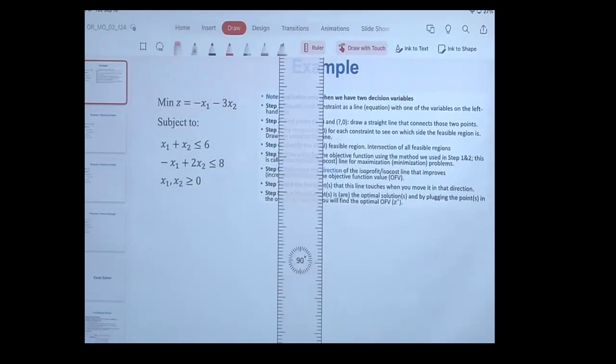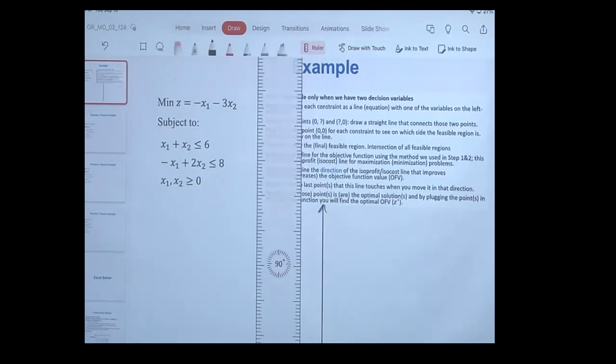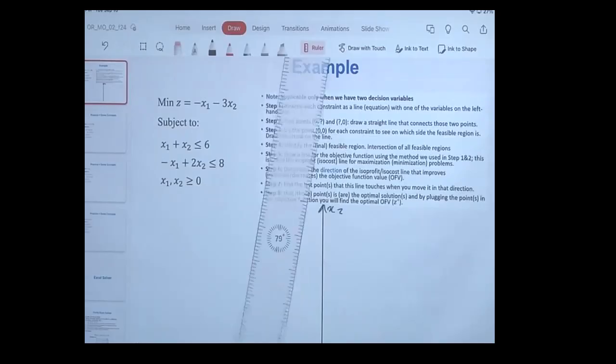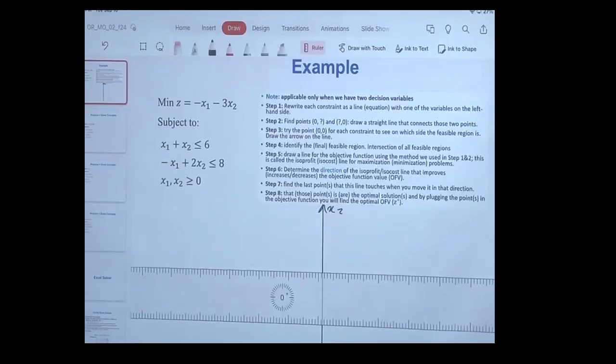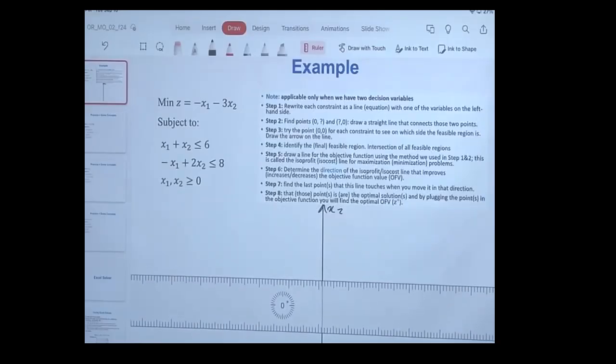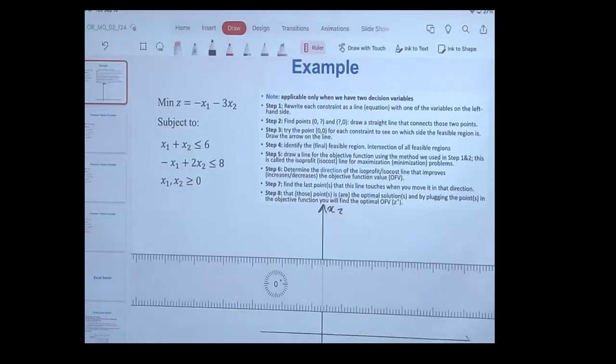So that's going to be x2 and then I'll have x1. So think of x2 as y.